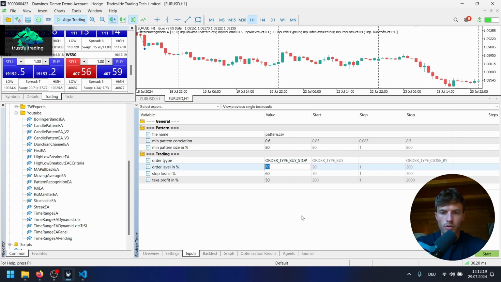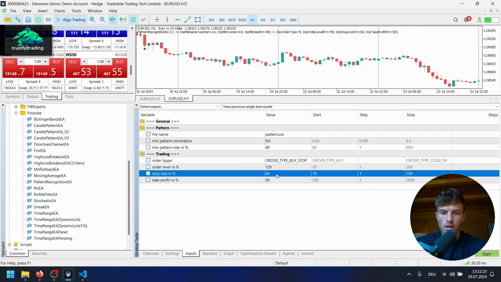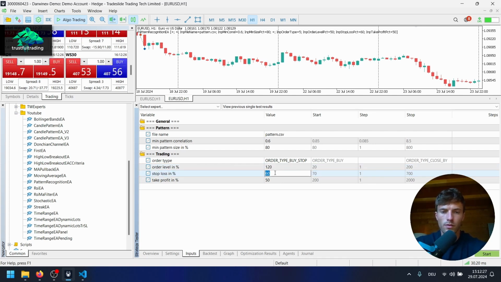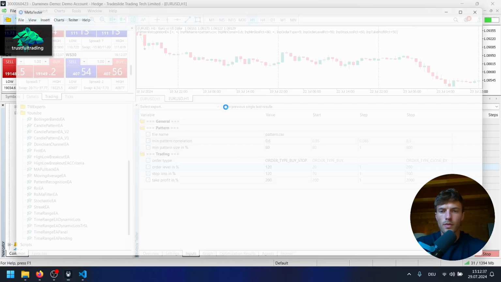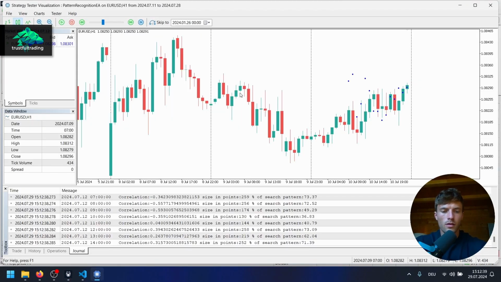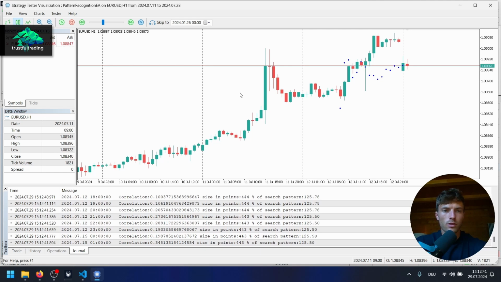Let's also test the buy stop. So for the buy stop, we want to set the buy stop above the pattern. So 120, stop loss of, yeah, let's say the stop loss at the minimum of the pattern, and the take profit just 2 times the pattern size. And let's see if this works.